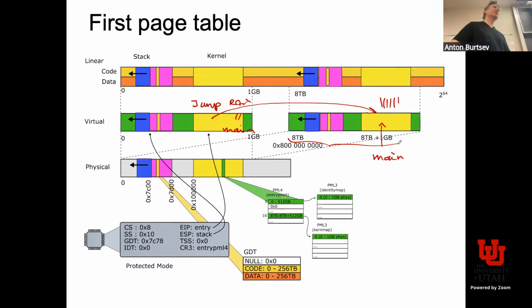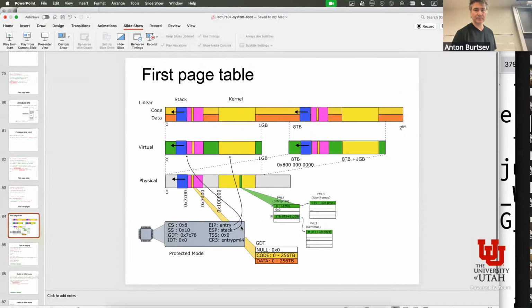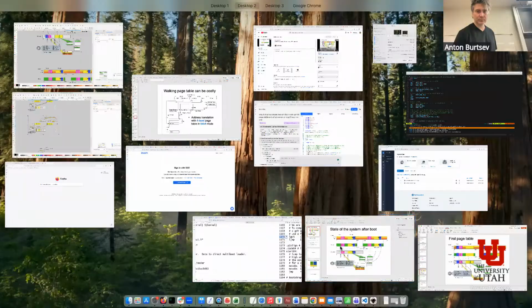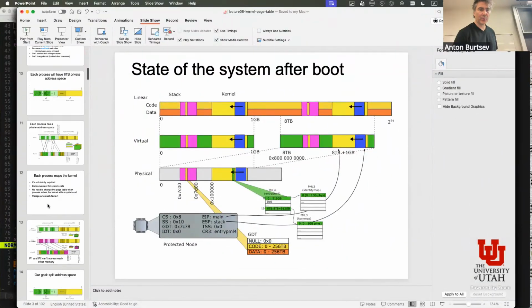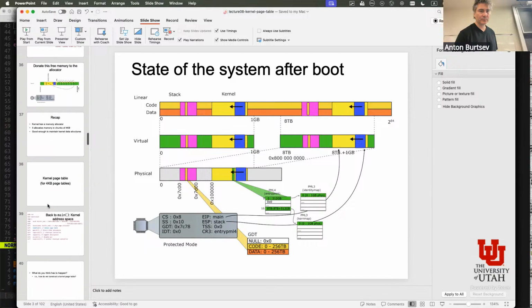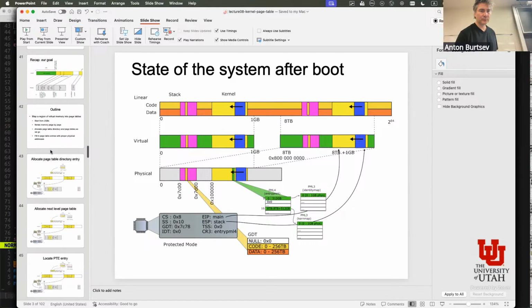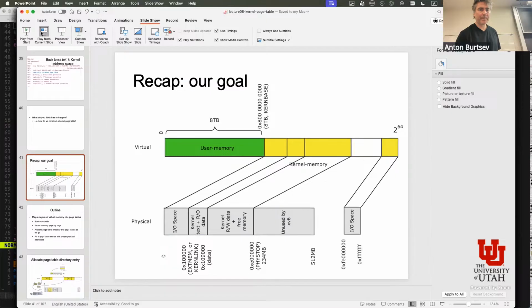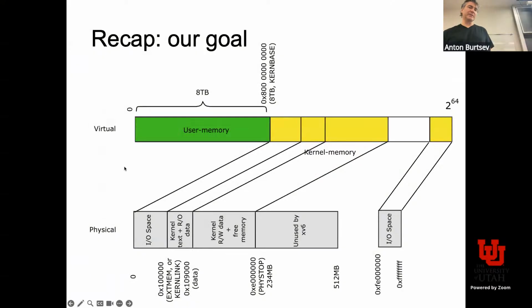All good. So we understood how we ended up here. Now, back to my wonderful question: how to construct the page table. So our goal is to map everything with an 8 terabyte shift.